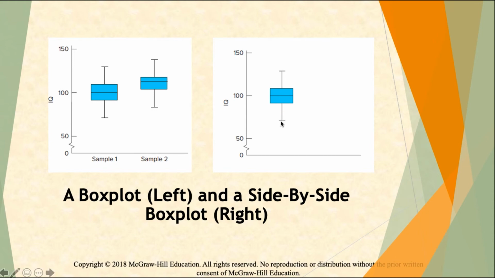If you have data from several treatments or samples, you can easily compare the distributions using a side-by-side box plot. You can see a side-by-side box plot here on the right.